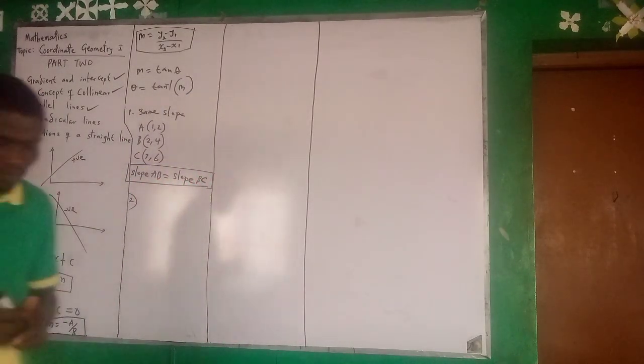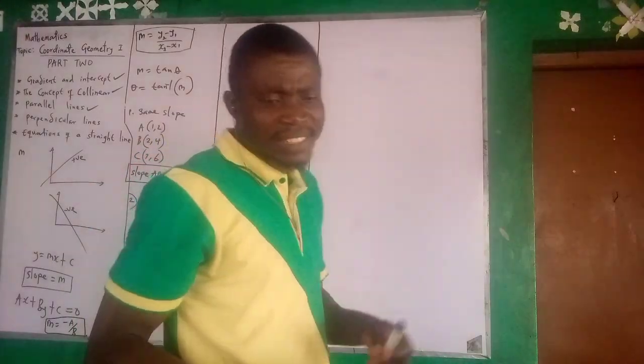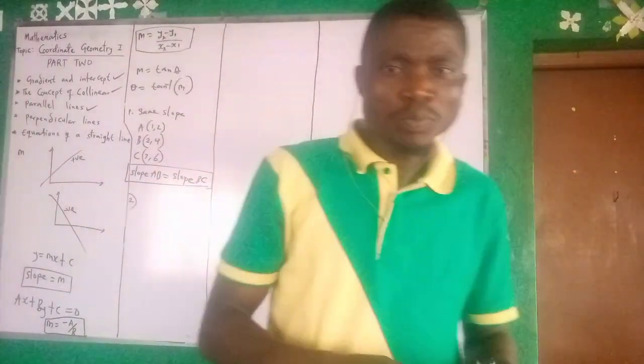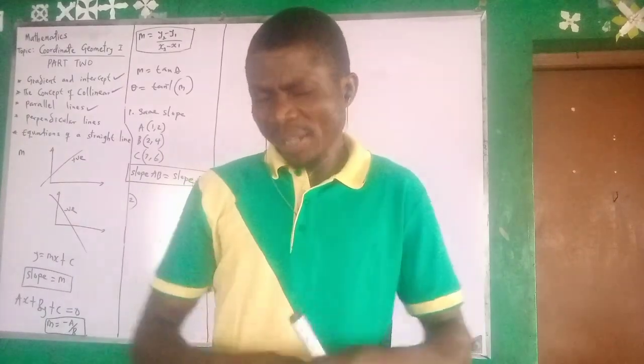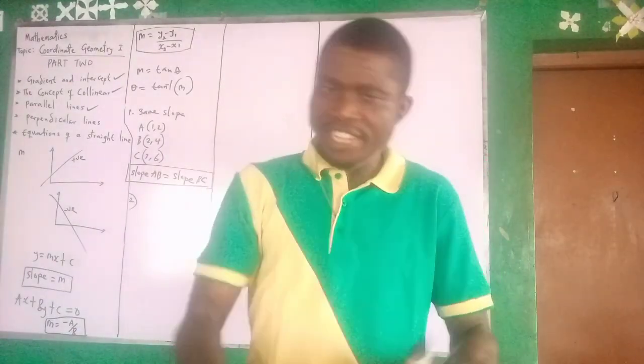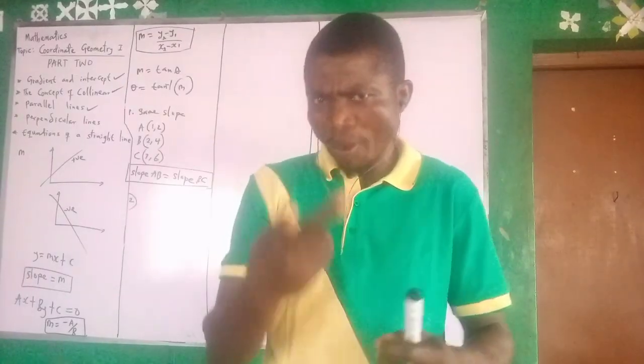Now let's go to parallel lines. Parallel lines are lines that cannot meet no matter how you draw them, and as such must have the same gradient. Now let's consider 2 parallel lines here.